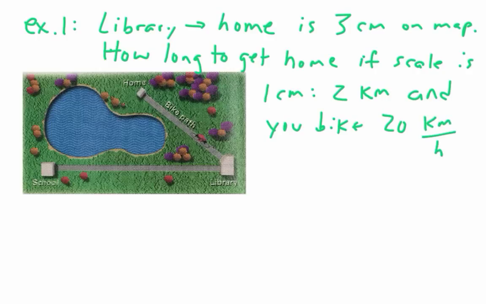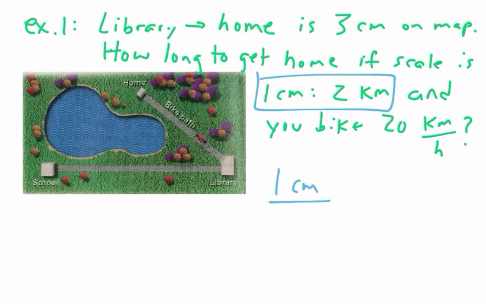So we really have 2 questions in here. First, you need to figure out how far it is. And then you have to figure out how long it's going to take you at that speed to go that far. So Abby's saying 6. Do people agree? If you're not seeing that, the way to set it up is to start with 1 centimeter over 2 kilometers. You're going to make a proportion.